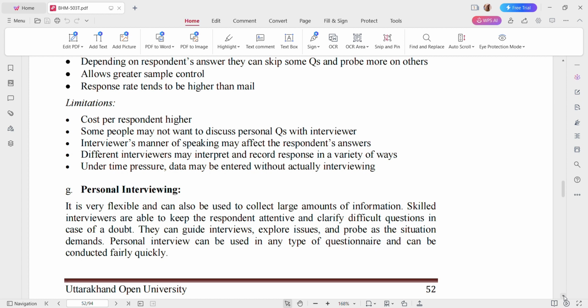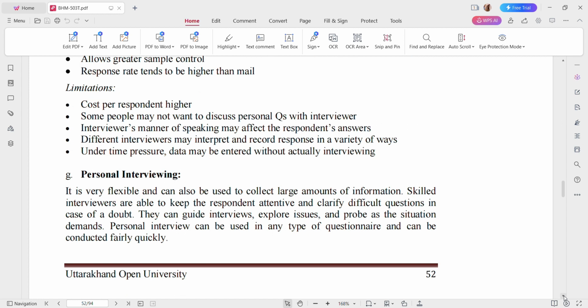Mas maganda mag-personal interview, especially if your study is on lived experiences. It's more on, especially in ethnographic research, yung mga ganyan, you have to really do it personally, or in phenomenological research, where you have to really observe the participants, especially in case analysis, no?